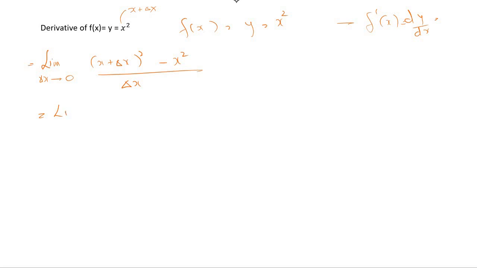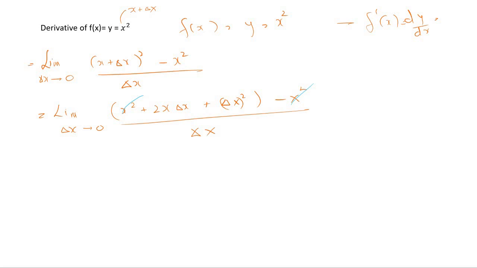So we get the limit as delta x tends to 0 of x squared plus 2x delta x plus delta x squared, minus x squared, over delta x. There are some common factors we can get rid of.